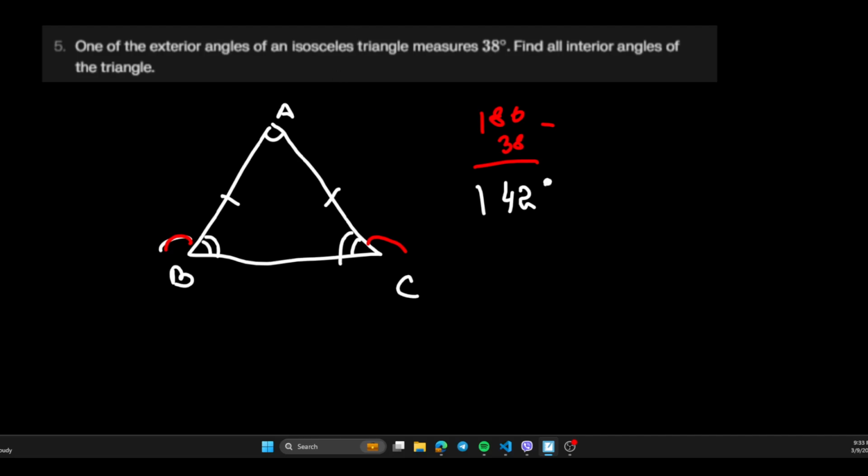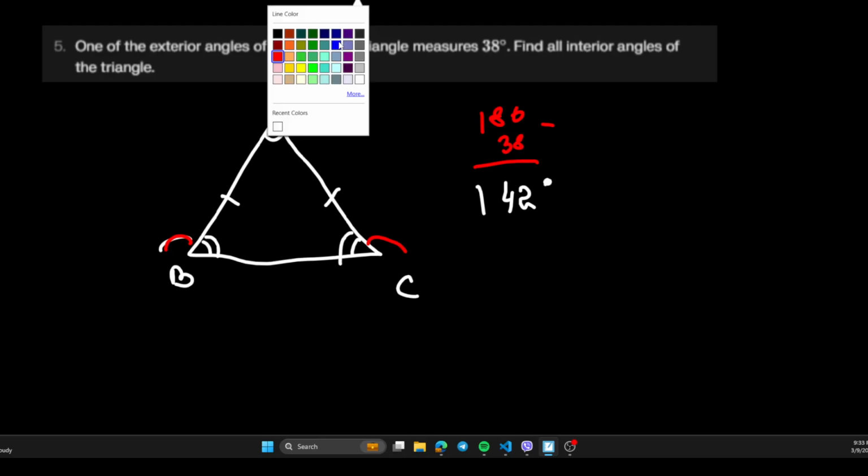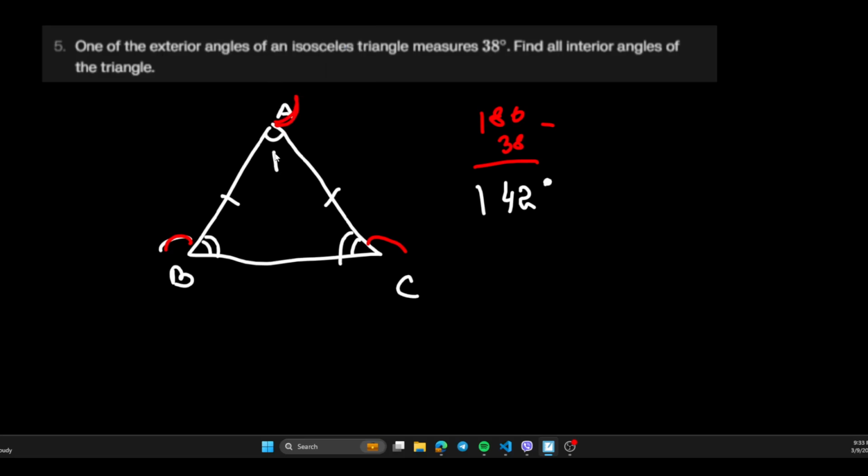So the exterior angle actually was this one from here. Now you know that this angle is 142.